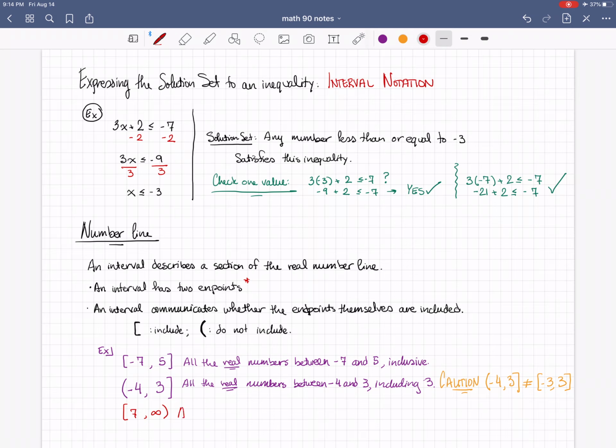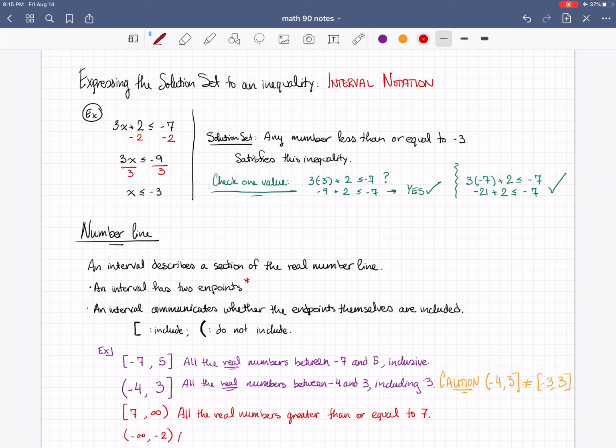So I want to write here what this interval means: all the real numbers greater than or equal to 7. The reason that it's greater than or equal to is that we have this bracket around the 7. By that same token, we might have something like this. Okay, so just an example of another interval where one of the endpoints is infinite, where both of the endpoints have parentheses.